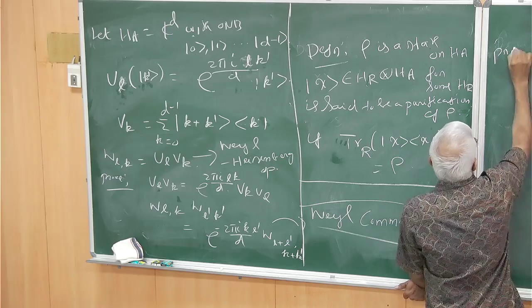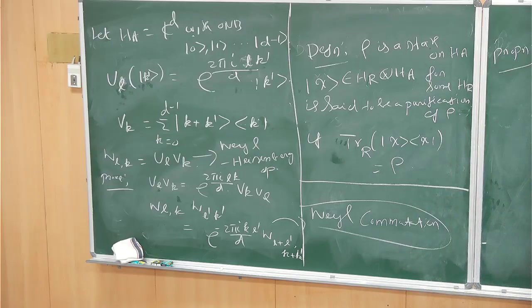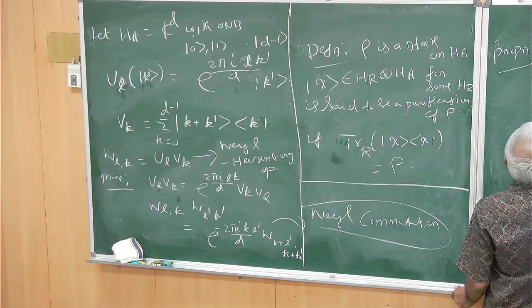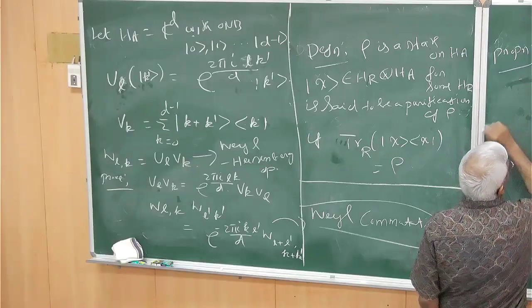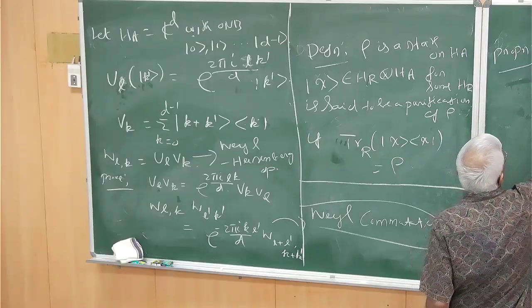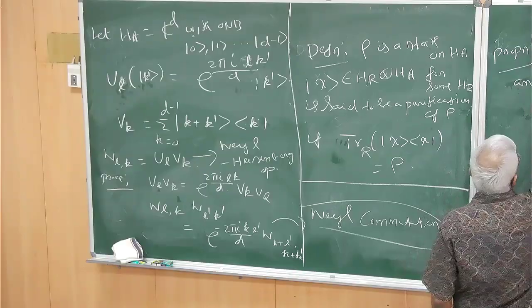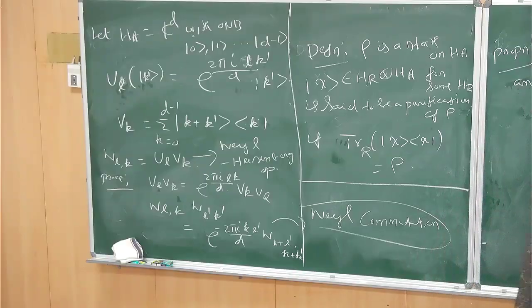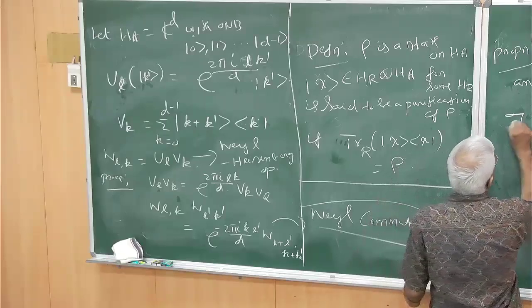Proposition. For every state rho in L(H_A) and H_R with dimension of H_R, call it d_R, greater than or equal to the rank of rho, there exists a purification.